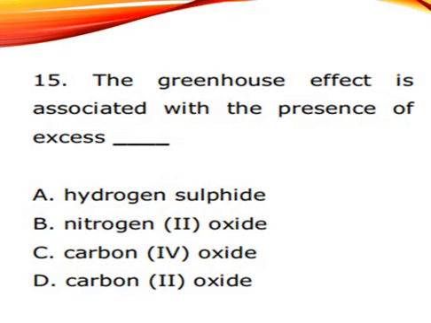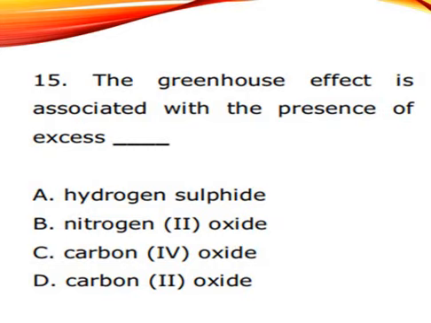Next, we have question 15, which says, the greenhouse effect is associated with the presence of excess A, hydrogen sulfide, B, nitrogen 2 oxide, C, carbon 4 oxide, and D, carbon 2 oxide.